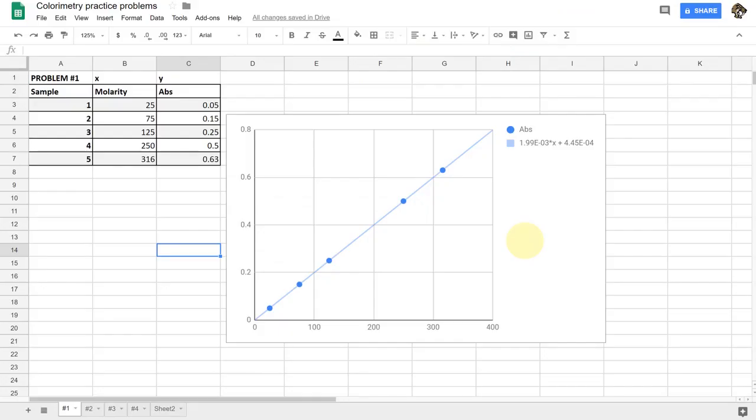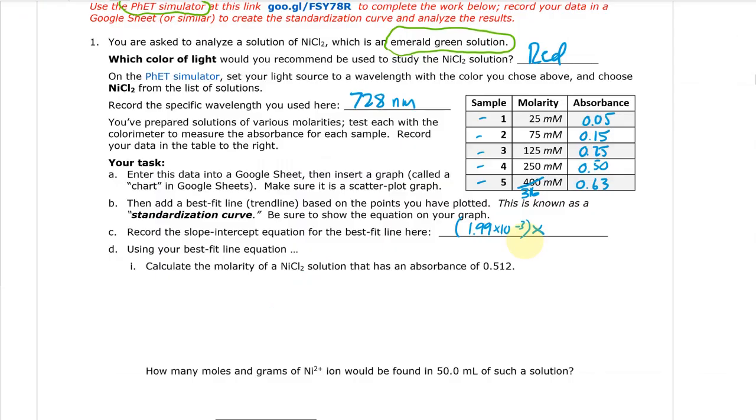It says plus 4.45 times 10 to the negative 4. Now I'm putting these quantities in parentheses because the whole darn thing is set equal to y. So there's my equation. Y equals 1.99 times 10 to the negative 3 x plus 4.45 times 10 to the negative 4. This, hopefully in your head, resembles a y equals mx plus b format.